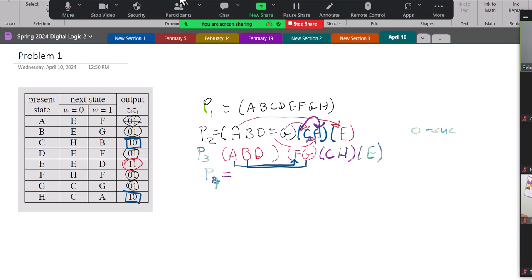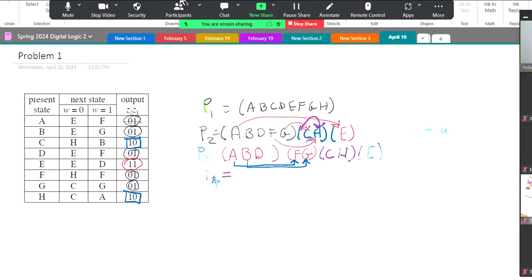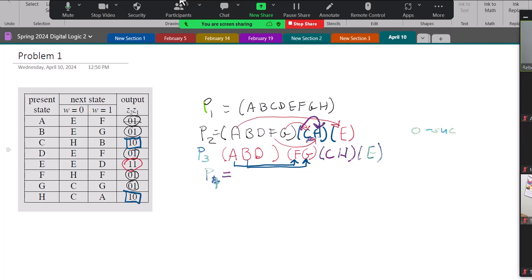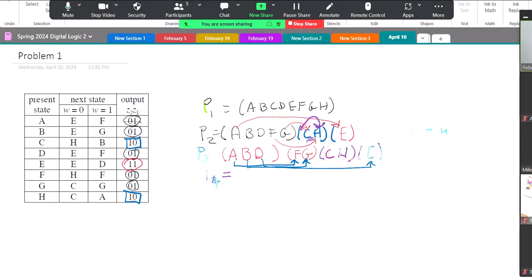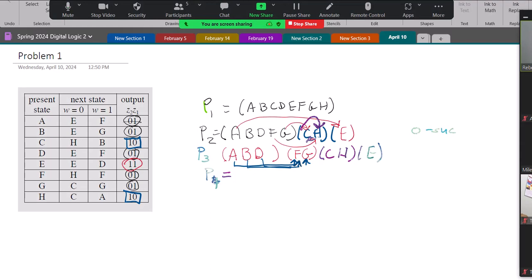B goes to G. D goes to F, thank you, I was just misreading it. I'm looking at the 1 successor. D goes to F. So they all go to the same partition, so they stay together.